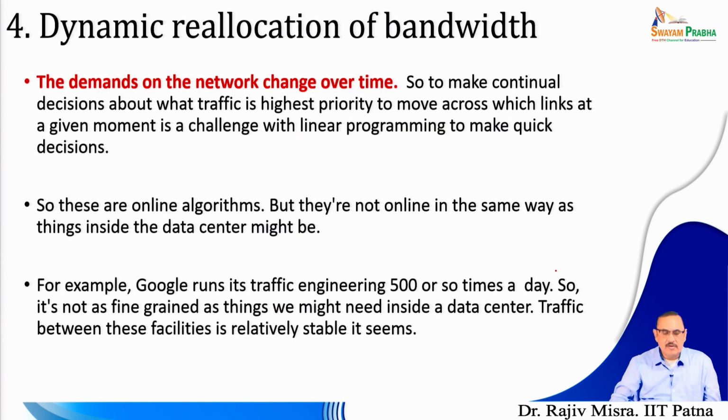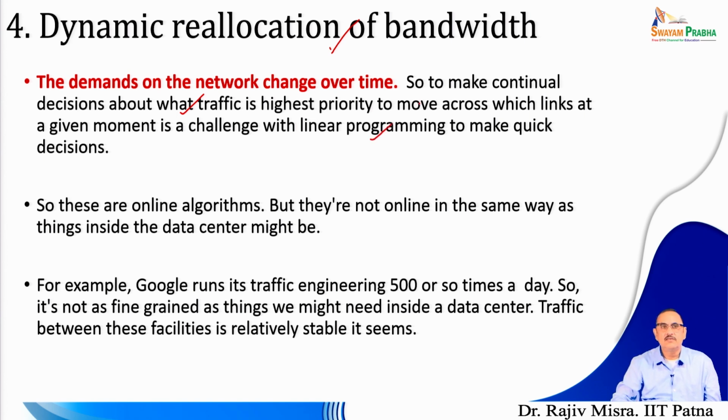Now, the fourth important aspect is dynamic reallocation of the bandwidth. The demands on the network change over time. So, making continual decisions about what traffic is the highest priority to move across which links at a given moment is a challenge with linear programming.